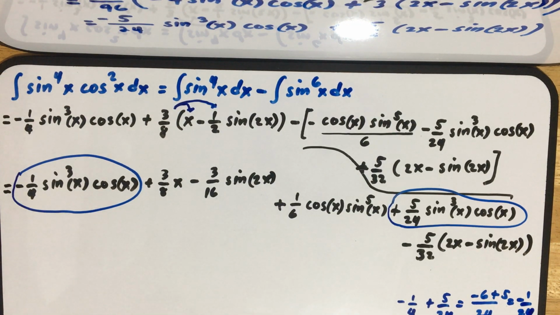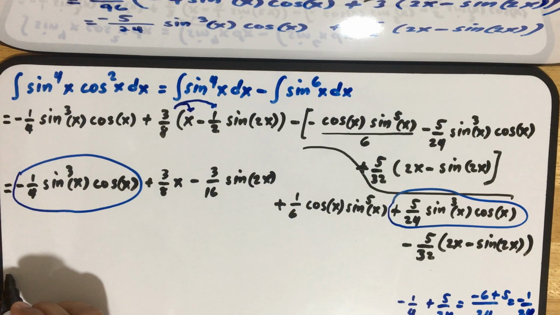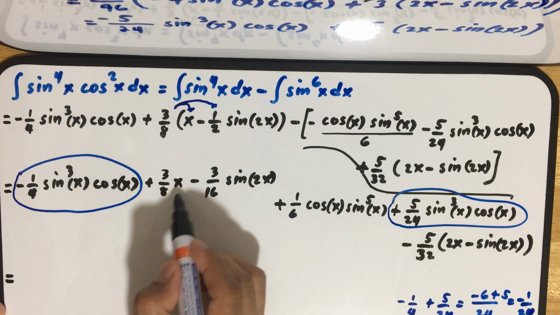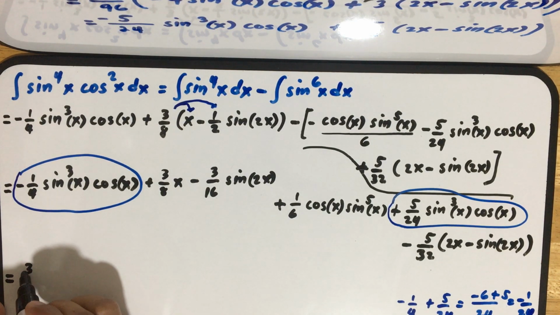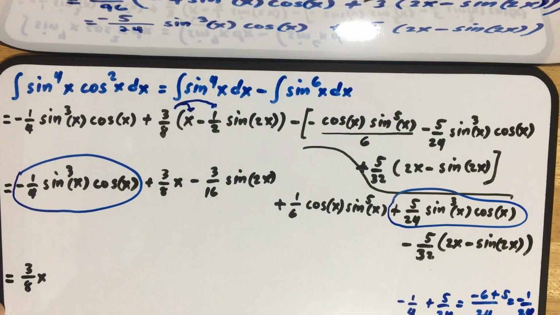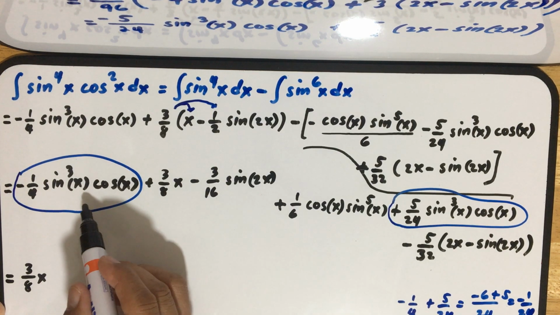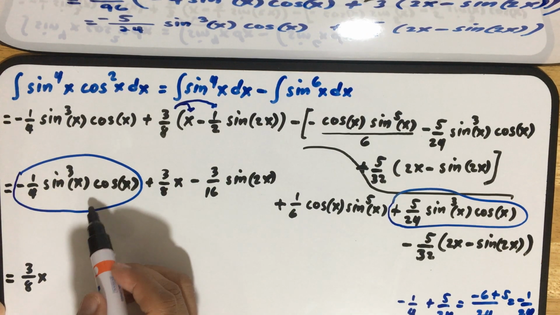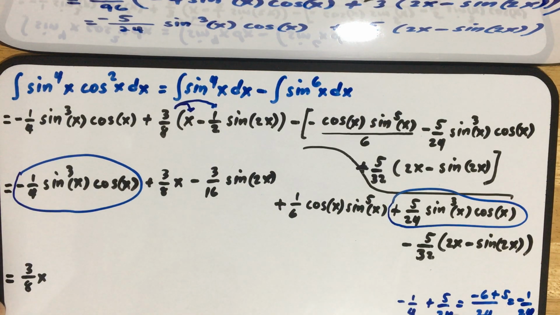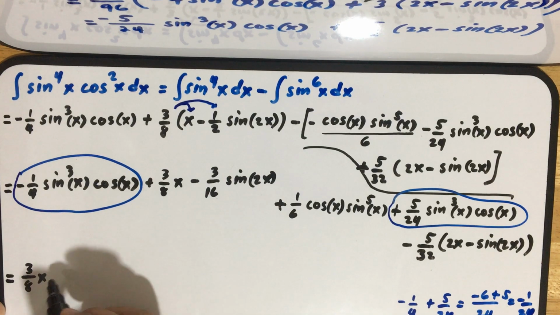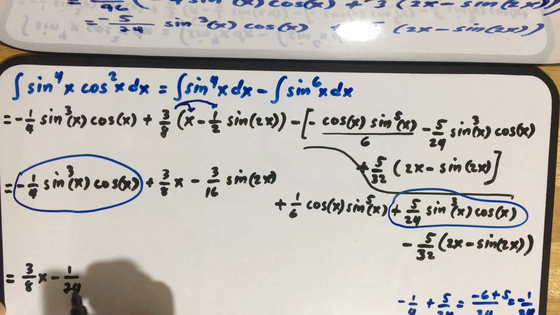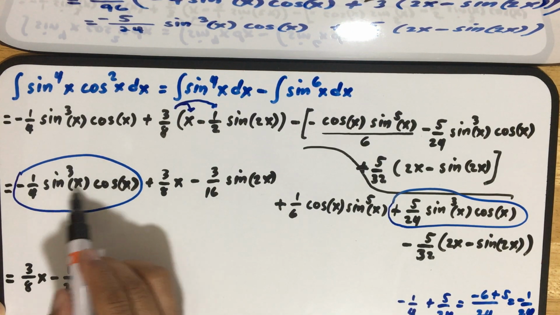Okay, and then rearranging, I opt to write this first. So we have 3/8 x. Alright, then the combination of this one and this one, which is equal to minus 1/24, you just copy this part, the coefficient.